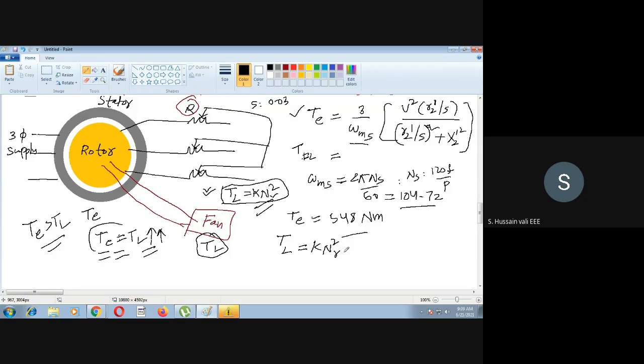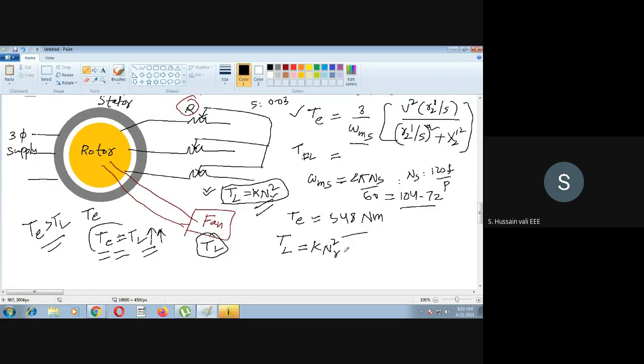So TL is equal to k into nr square. What is nr here? Nr is the rotor speed. At rated values, how do you find out nr?